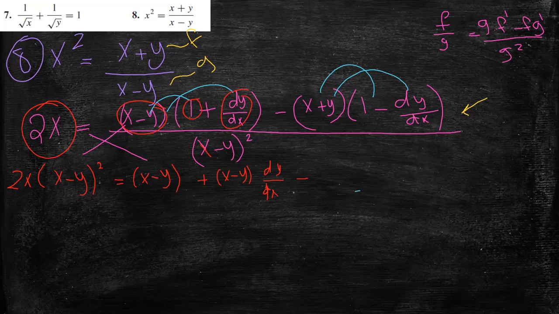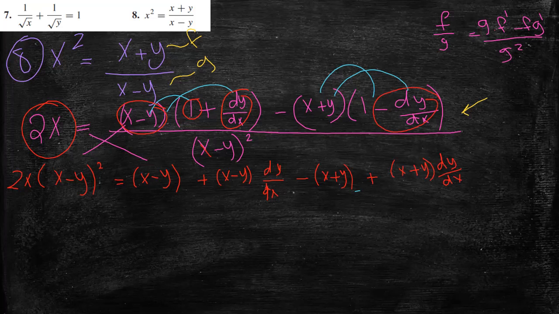Minus. Here now you have to multiply negative (x plus y) times 1. It still will be the same. And negative (x plus y) times negative dy over dx will be plus (x plus y) times dy over dx.